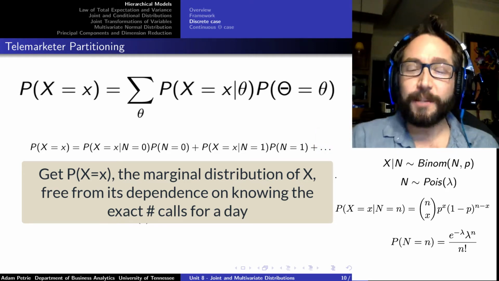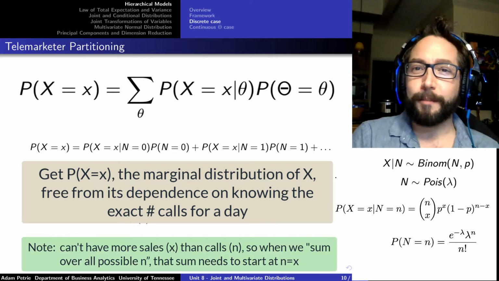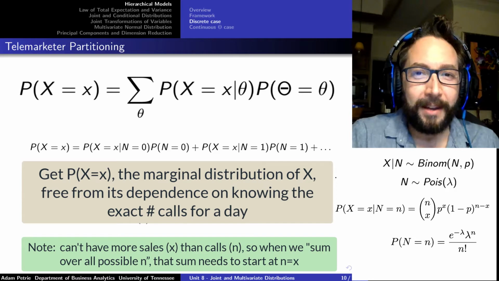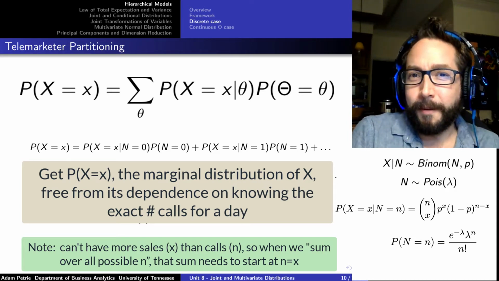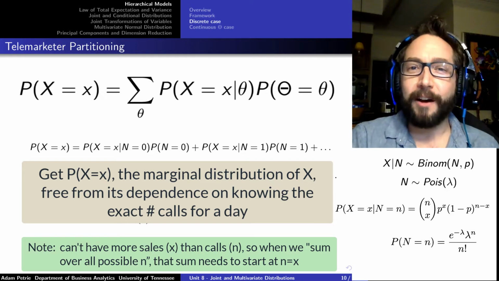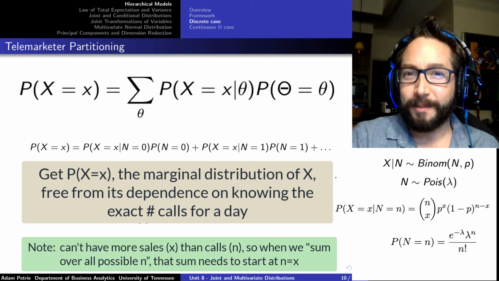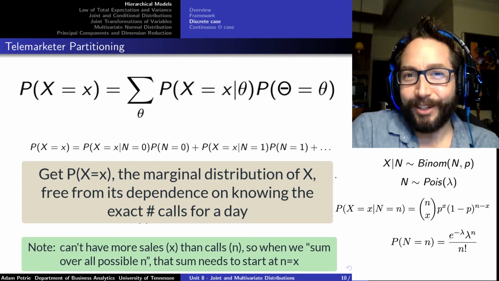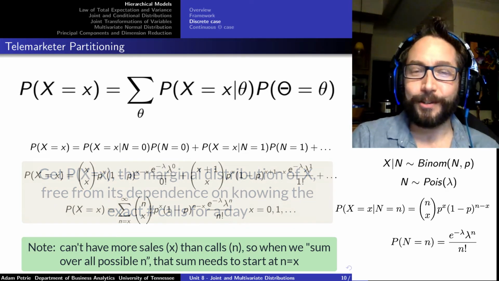Now, in this case, if I have a particular value of little x in mind, obviously I need to have at least that many calls being made. So I'm not going to partition from values of capital N of 0 up to infinity. I'm going to start out at a capital N equal to x. Corresponding to a 100% success rate, I have to have made at least little x calls to have little x sales.